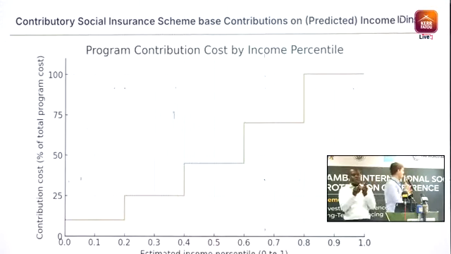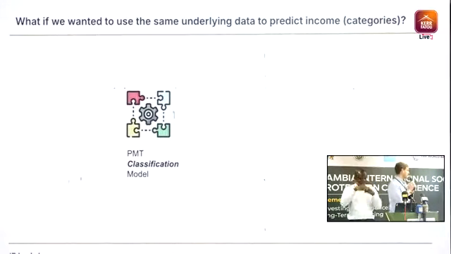So now, from a technical perspective, the question becomes, how do we find out which income bucket or which income group a given individual falls into? And again, from a technical perspective, there are two ways to think about this. The first one is that we would like to estimate a precise income measure and then use that to rank people in the categories.